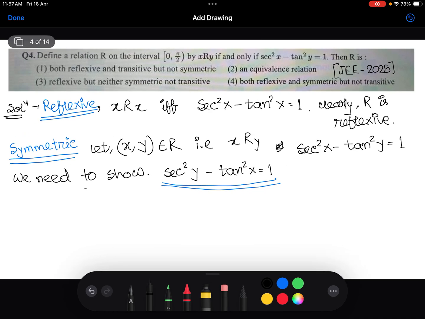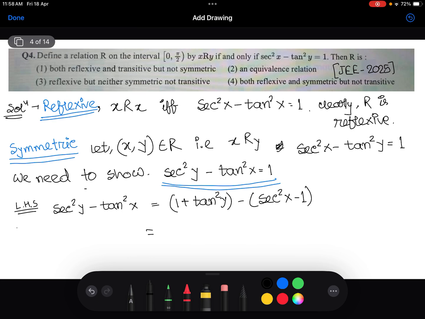Now let's do this. Let us take the left hand side to be sec square y minus tan square x. We can write sec square y as 1 plus tan square y, minus tan square x, which is nothing but sec square x minus 1.